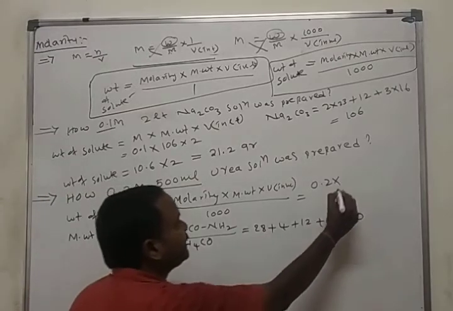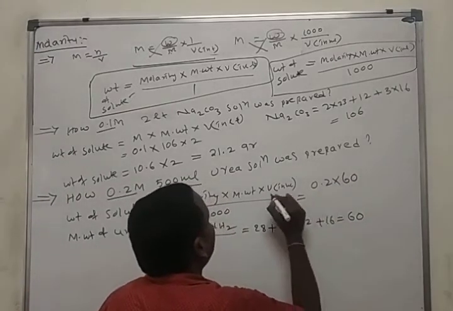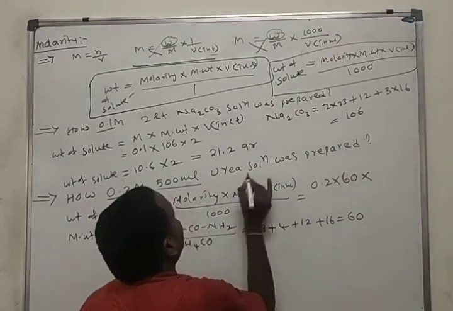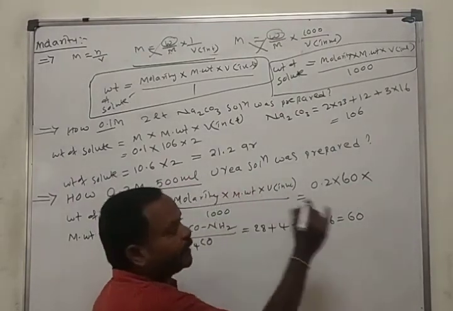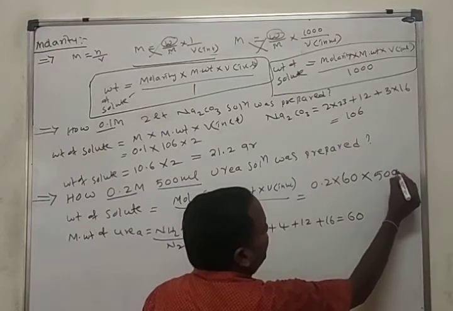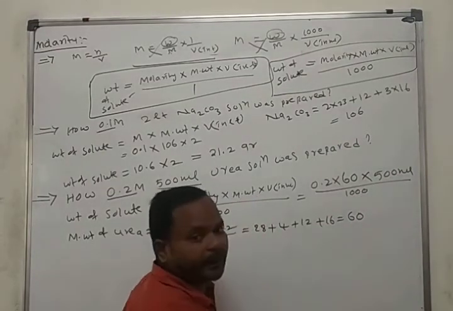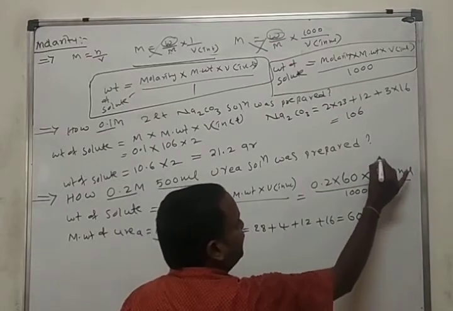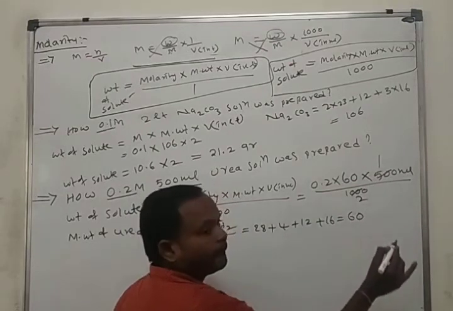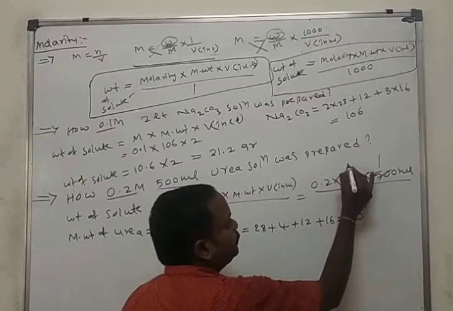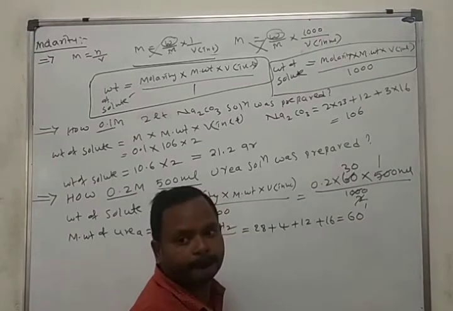Right here 60, and the volume given is 500 ml by 1000. Now 500 ones are 500, twos are 2, ones are 2, 30s are 60.